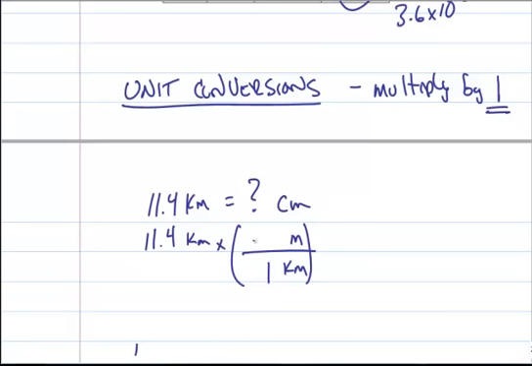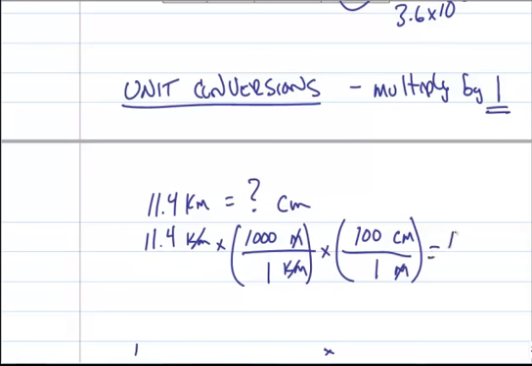So 1 kilometer is 1,000 meters, right? And then I want to change from meters to centimeters. So meters is going to become centimeters, and 1 meter is 100 centimeters. So ultimately, top and bottom will divide out. I'm left with units here of centimeters.